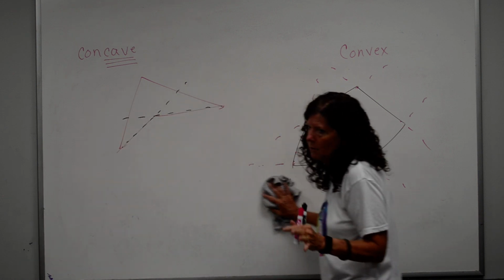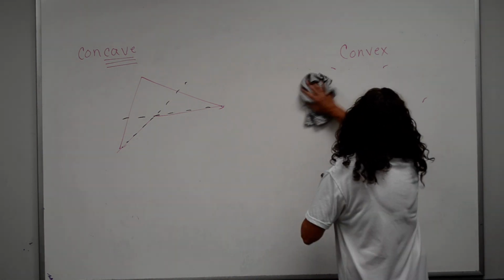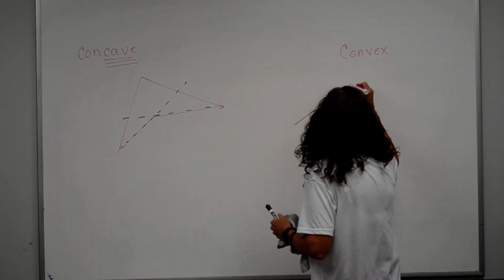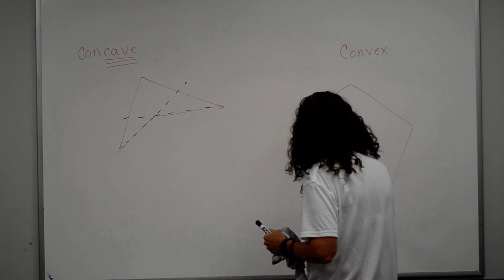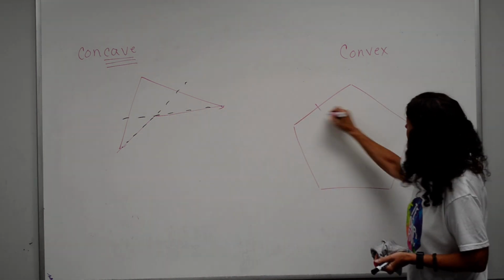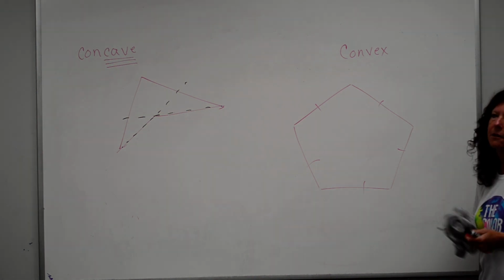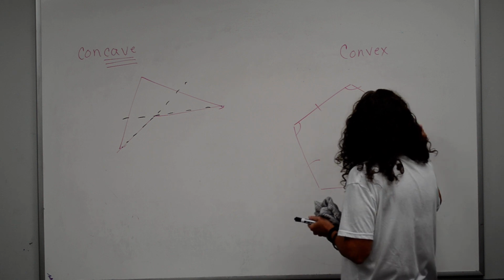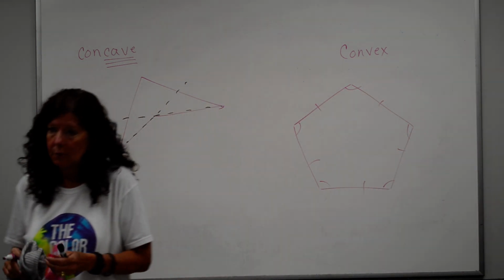I'm not too good at drawing regular, just to be honest with you. So if I could draw it where all the sides have the same measurement, like that, that's called a regular pentagon. All these angles also have the same measurement if it's a regular polygon.